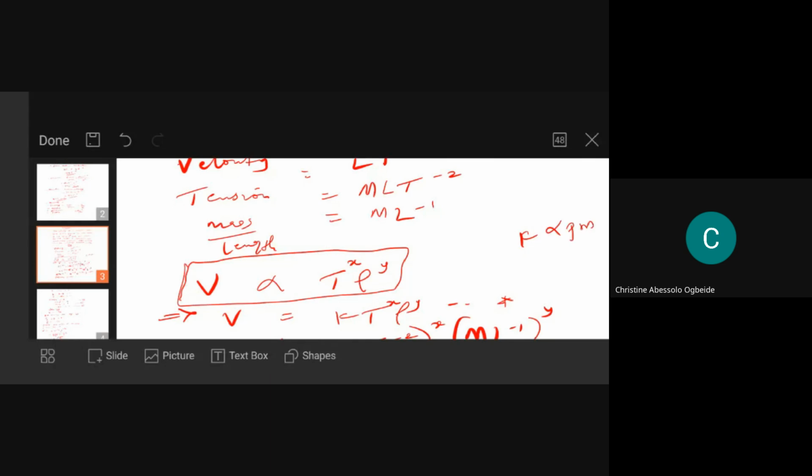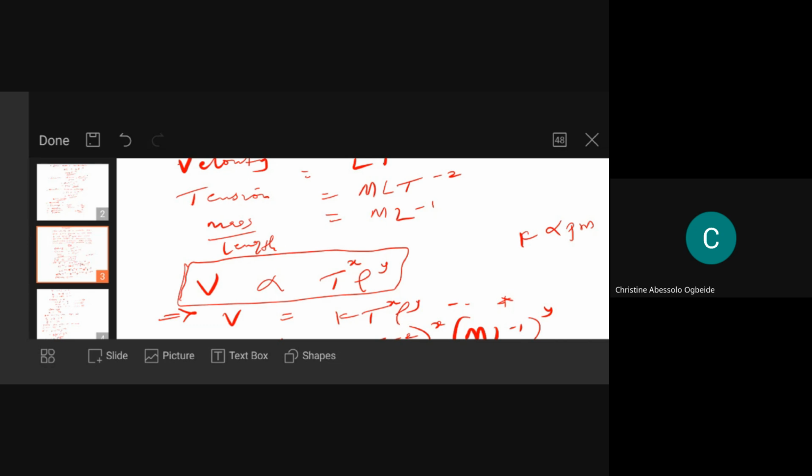And if I want to find the relationship of K alongside P and M, I need to attach a power. I can use X and Y, A and B, or whatsoever. My goal will be to find the powers I'm introducing. If I can find what they are using dimensional analysis, that gives me the exact relationship of those quantities.